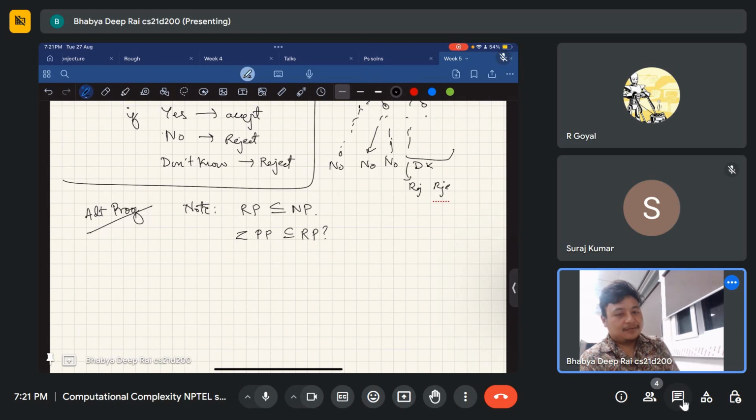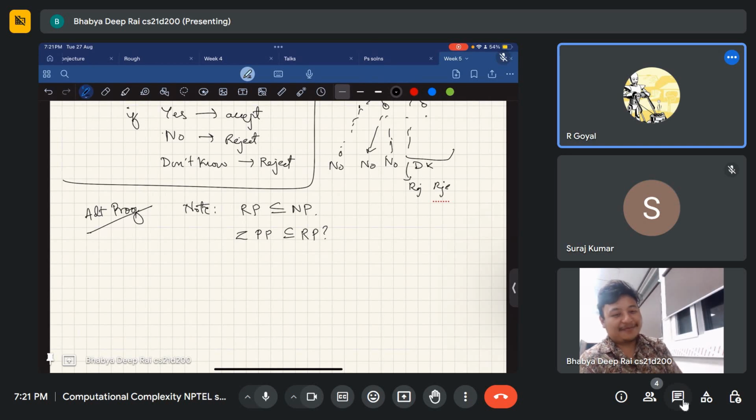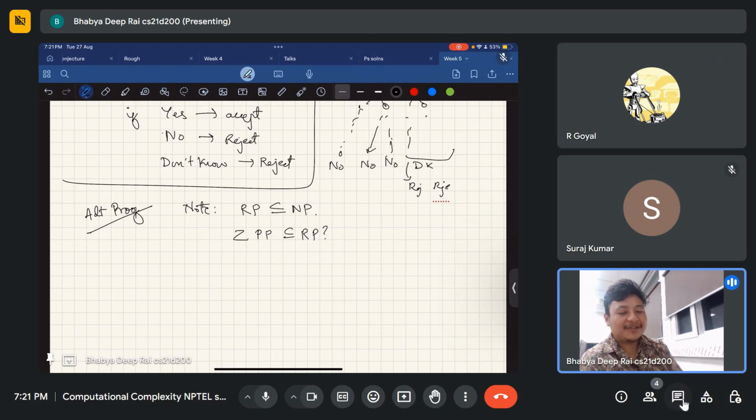Is this true? So the question is that RP is a subset of NP, right, and now whether ZPP is in RP. Because if this was true, then directly you can put ZPP inside NP.